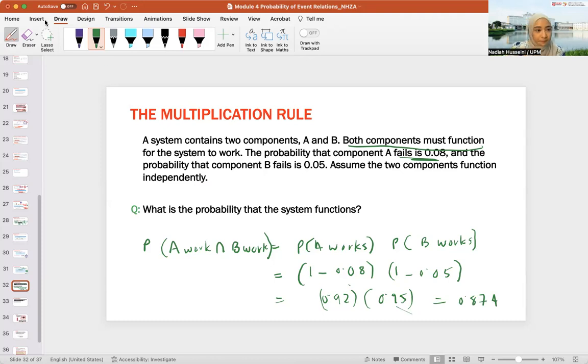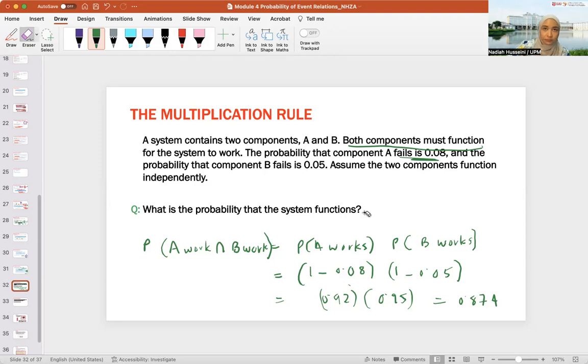Betul. Yes. Kalau contoh kalau, saya multiply the probability of it fails and then minus by 1. The probability of it fails and then minus by 1. Yeah. Or will it not be correct? 0.08 times 0.05 and then you do tolak by 1.